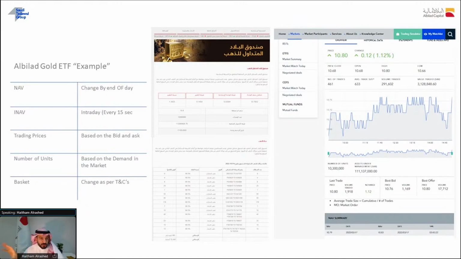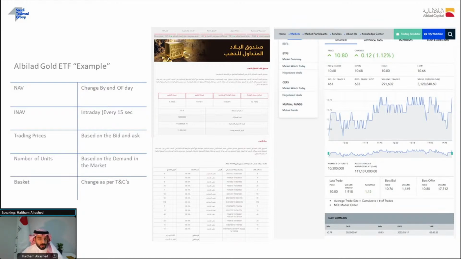These are regular information that investors or traders in the market know very well. On the bottom, you can see the NAV information, again the net asset value per unit, and the indicative net asset value for that unit during the trading hours. Usually the NAV gets updated by end of day, and the INAV is updated during market hours, i.e. every 15 seconds.